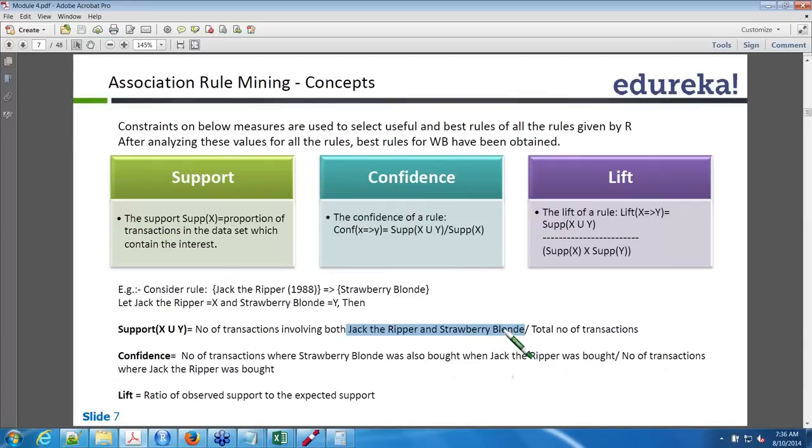And confidence is the number of transactions where Strawberry Blonde was bought when Jack the Ripper was bought, divided by the number of transactions where Jack the Ripper was bought. This is the extent of the relationship between the two products, divided by the number of transactions of the primary product. For any product you will have a primary, and based on that primary you add the child products.